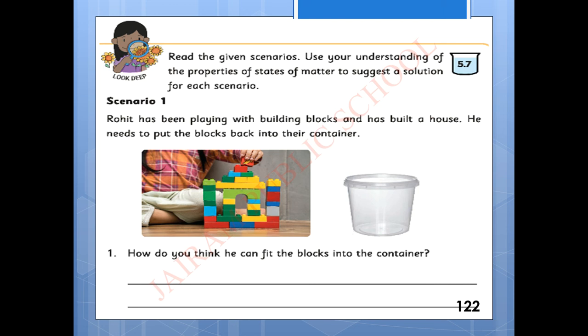He needs to put the blocks back into their container. So how do you think he can fit the blocks into the container? Yes, of course. By breaking apart the individual pieces from the house he has built. After breaking apart, he can put all the pieces inside the box.